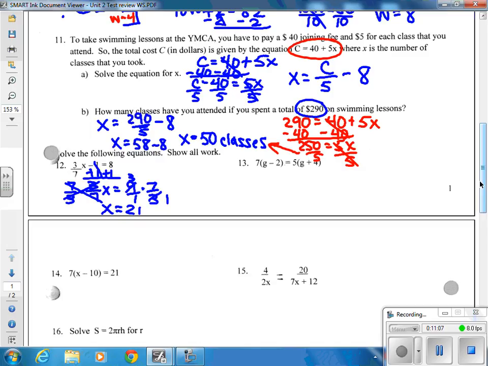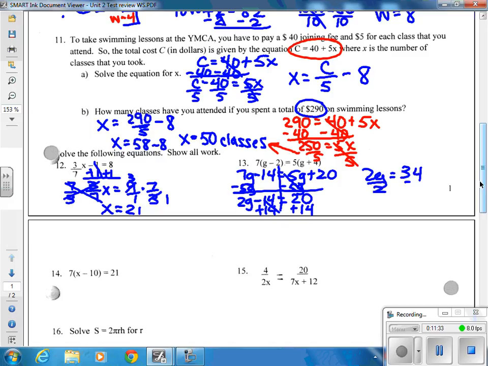Number 13, you want to distribute to both sides and then move your variables. So after distributing, you have 7g minus 14 equals 5g plus 20. The smaller one to move is the 5g, so subtract 5g from both sides. So now you're looking at 2g minus 14 equals 20. Add your 14 over, and that leaves you with 2g equals 34.